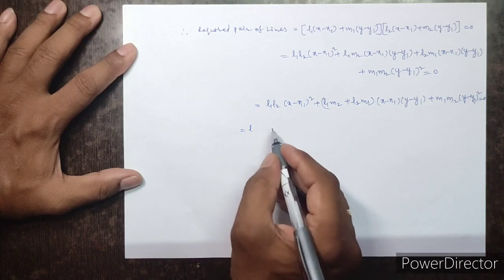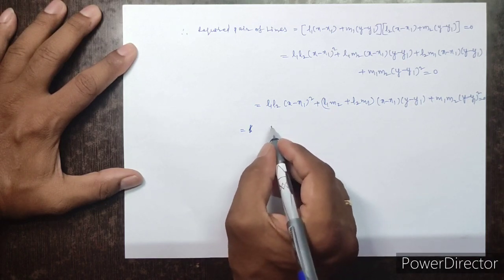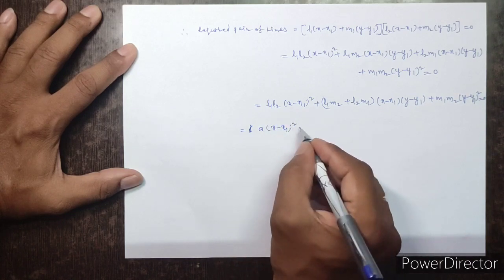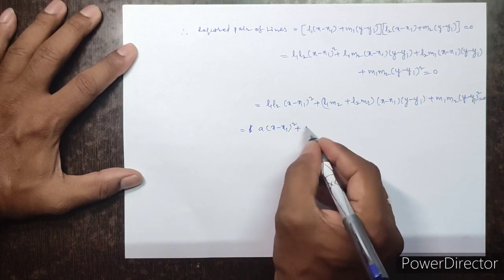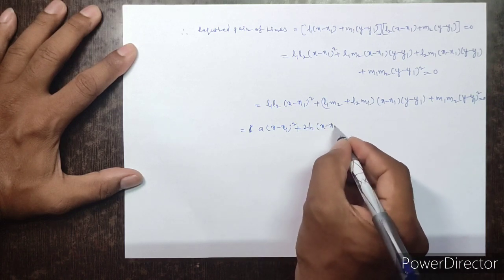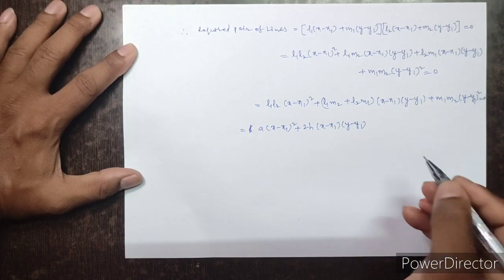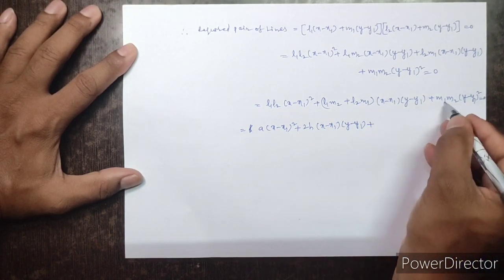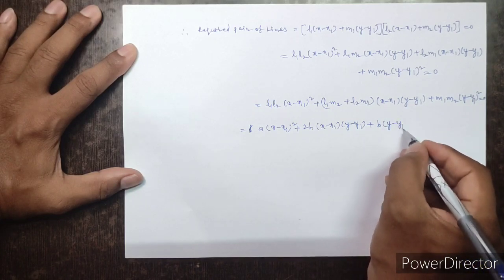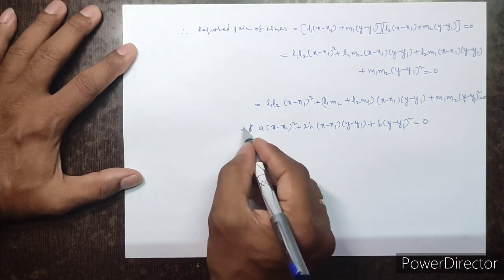This can be written as: l1 l2 is nothing but a, so a (x minus x1) whole square, plus this can be written as 2h (x minus x1) into (y minus y1), plus m1 m2 is nothing but b, b (y minus y1) whole square equal to 0.